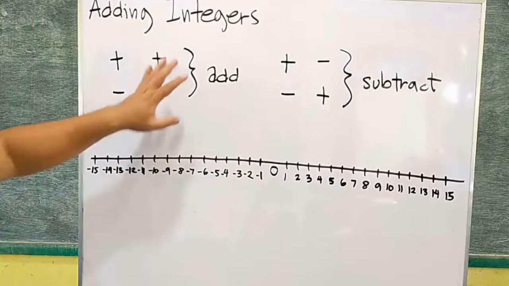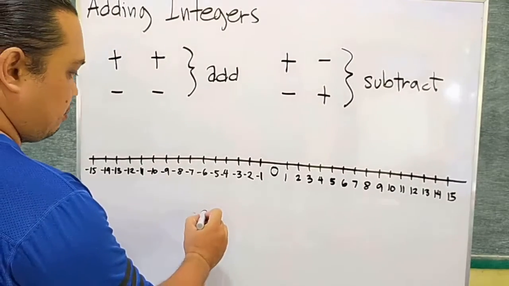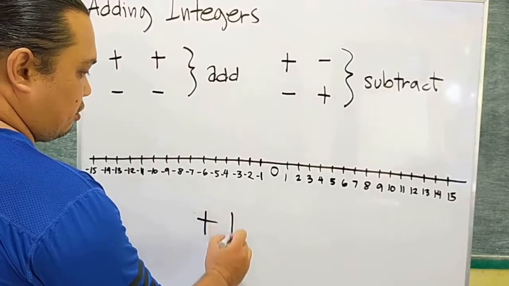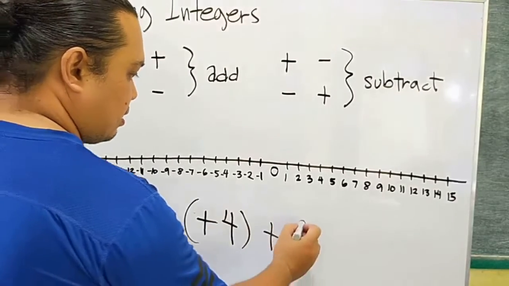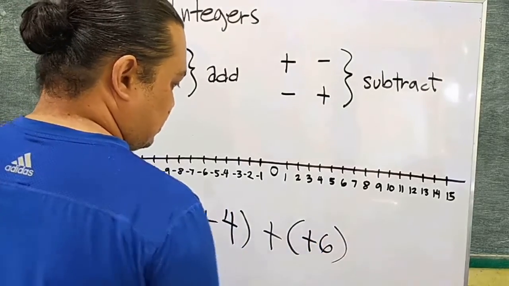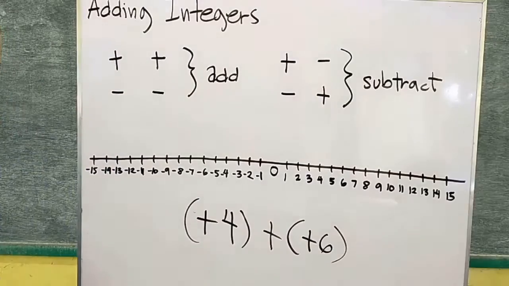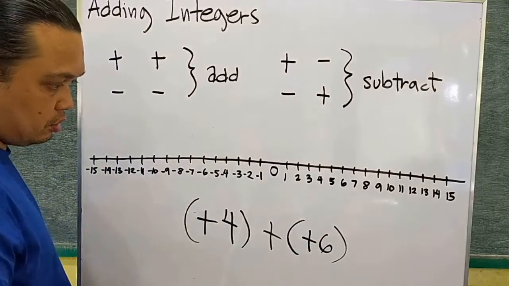Now, for like integers, for example, we have here positive 4 plus positive 6. So we are adding two positive integers.